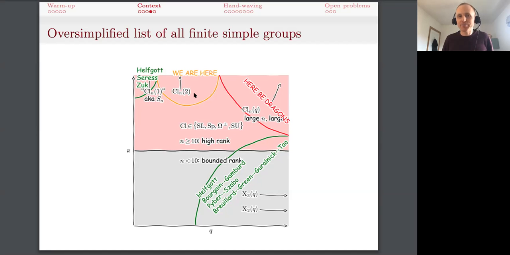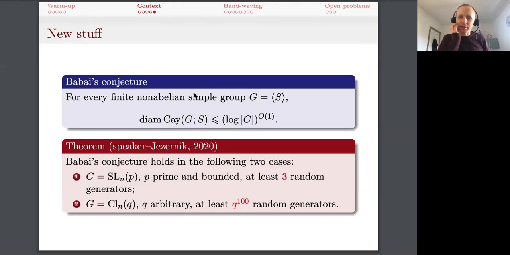Let me state a specific theorem. I've just written down Babai's conjecture again here, which says that the diameter of any non-abelian finite simple group is bounded by a polylogarithm. And so what did we prove?